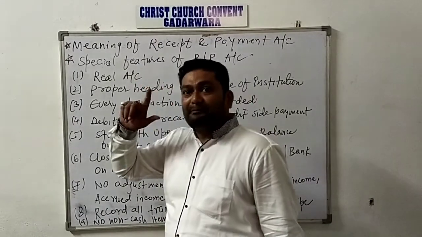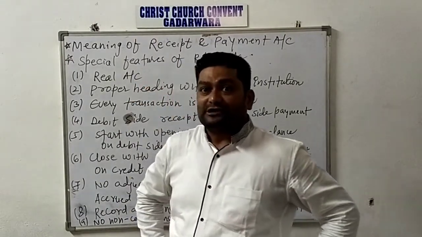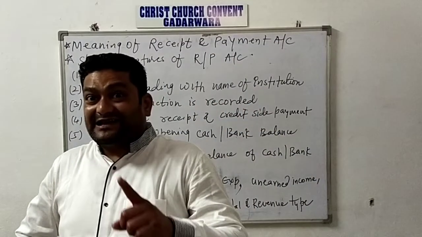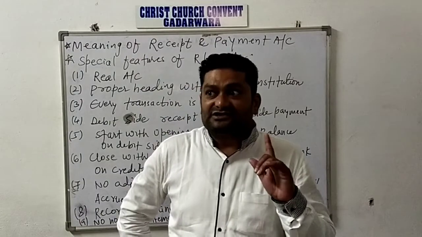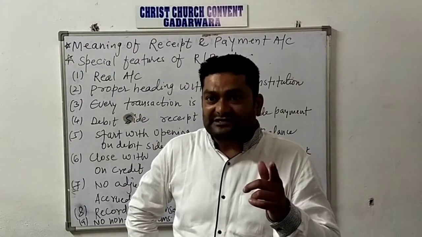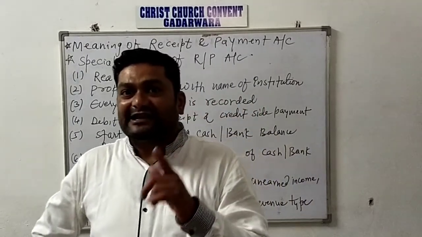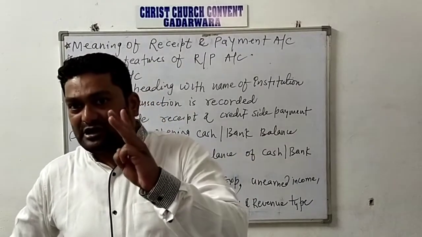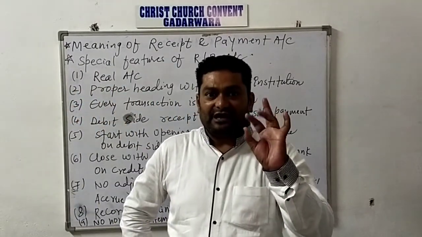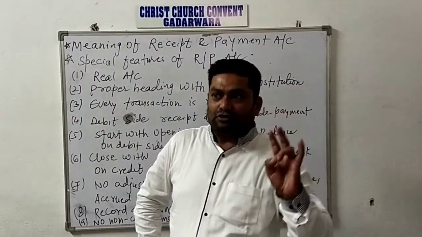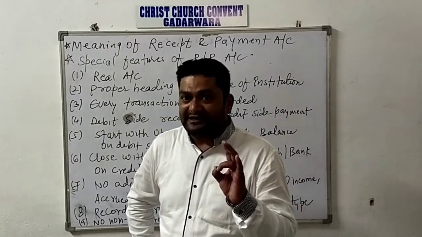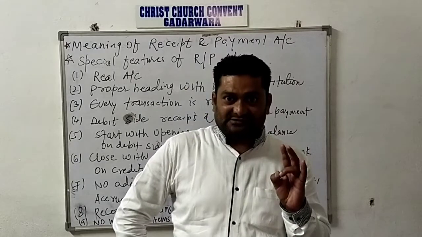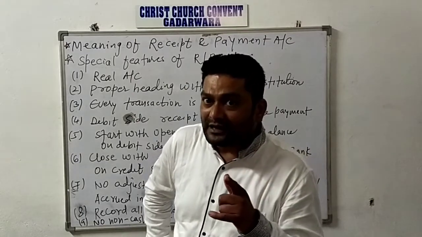So the first main important thing that you have to notice is that it is a real account, not a nominal one. Generally, in 11th standard you studied three types of accounts: personal, real and nominal. In nominal accounts we used to write all the expenditures and incomes. Do you remember?